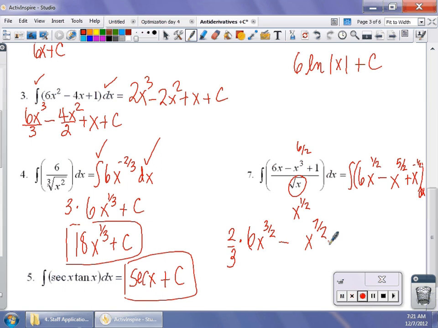Divide by 7/2 is to multiply by 2/7. Plus, increase the power by 1. Negative 1/2 plus 2/2 is 1/2. Divide by 1/2 is multiply by 2, and then my constant of integration.